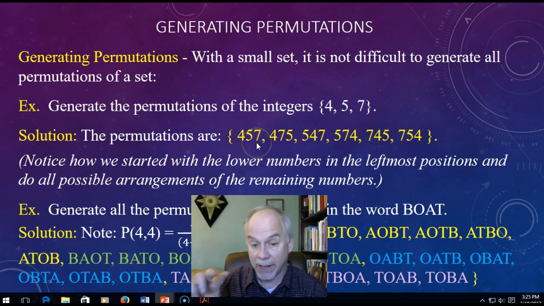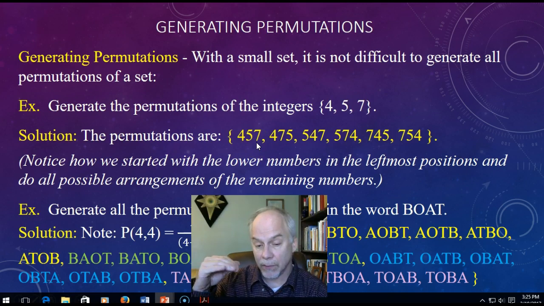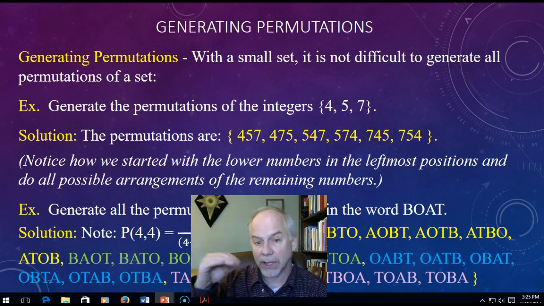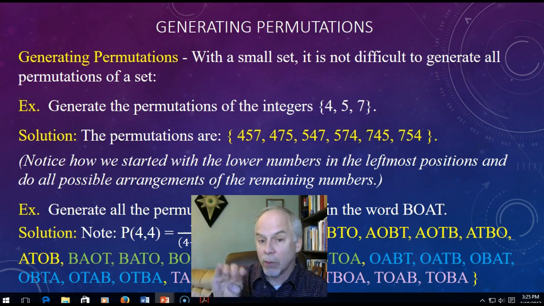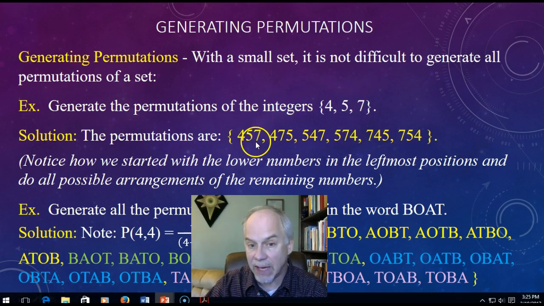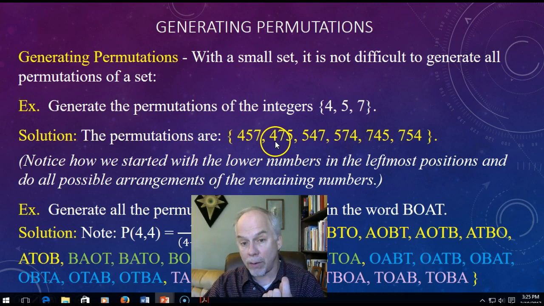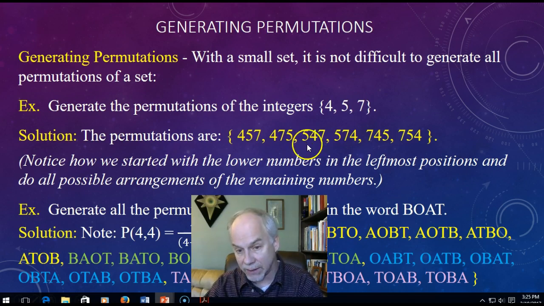But then to get the next permutation in lexicographical order, we would switch the 5 and the 7. So 4, 7, 5. Now the next higher number than 4, we would use 5 next, not 7. We would go with 5 next, because we're trying to keep the lowest possible numbers. And then 4, 7.